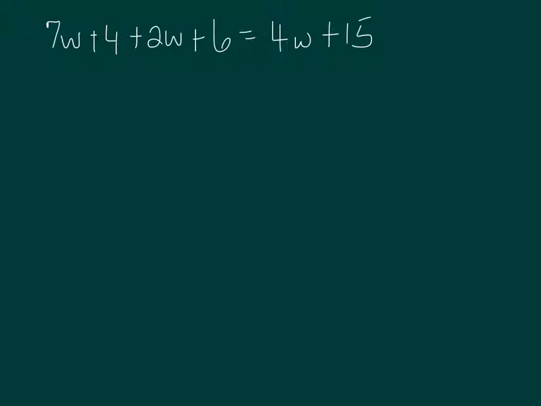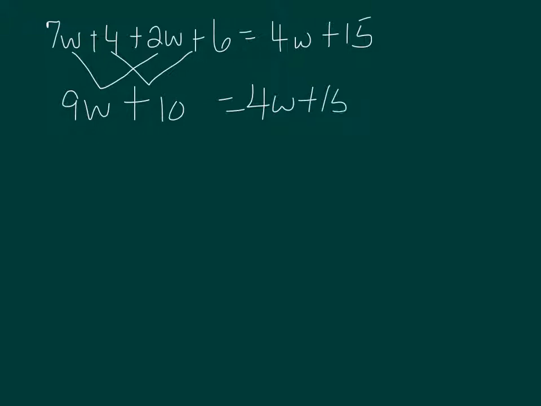The first thing we want to do is combine our like terms on the left-hand side. I see 7w and 2w gives me 9w. A positive 4 and a positive 6 gives me plus 10 equals 4w plus 15.